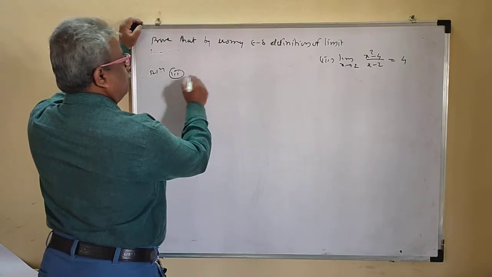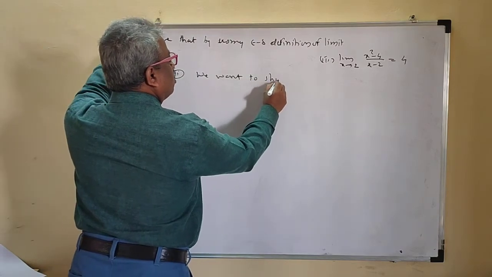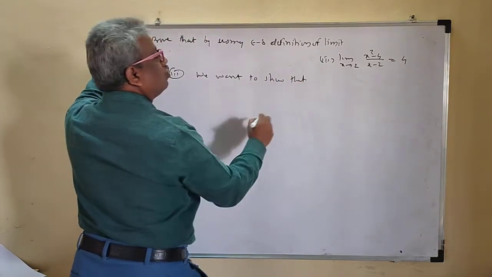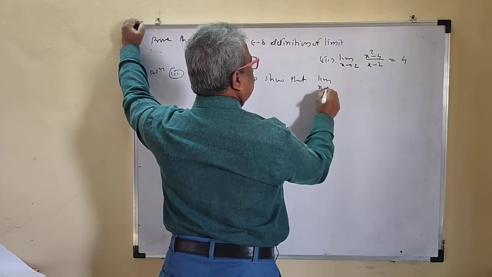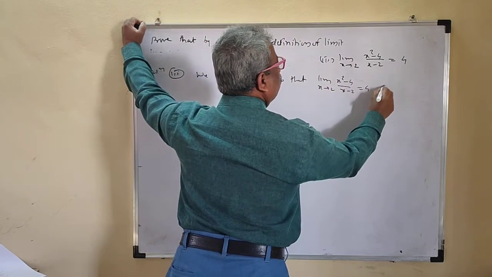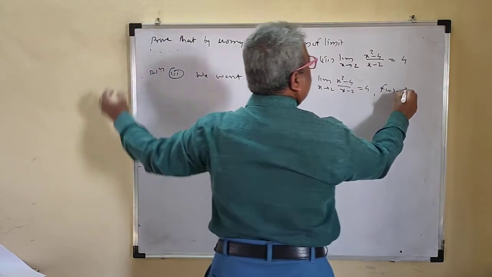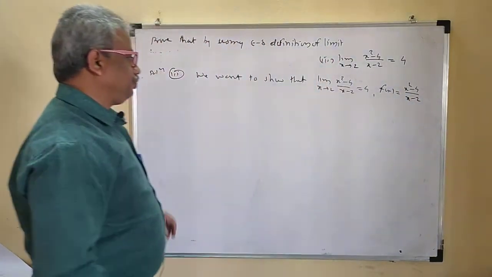We want to show that limit x tends to 2, x square minus 4 upon x minus 2 is equal to 4. So f of x is equal to x square minus 4 upon x minus 2.